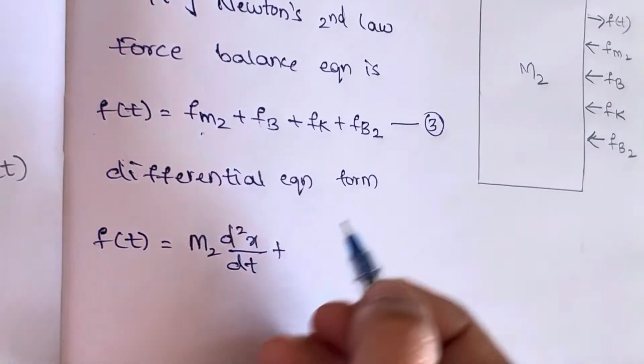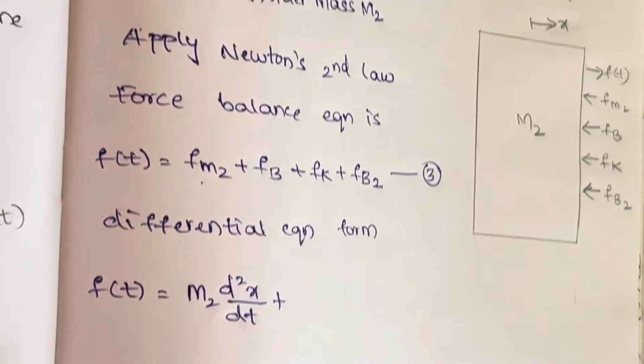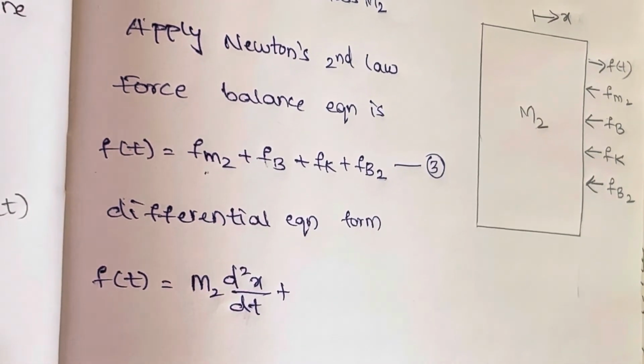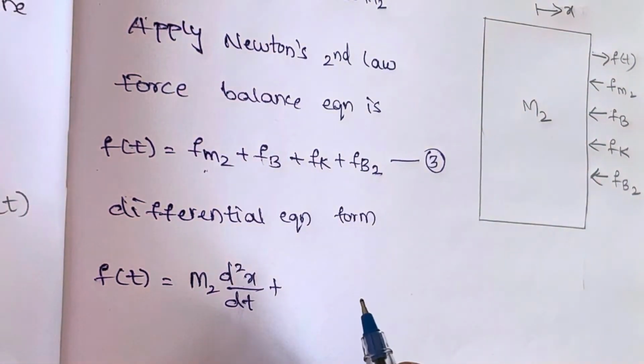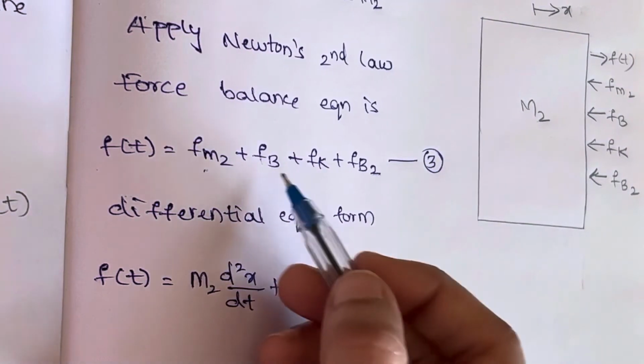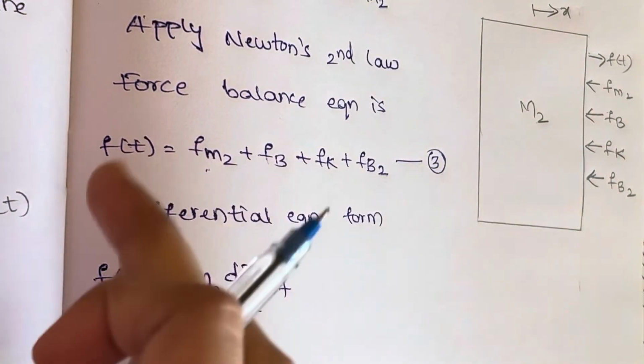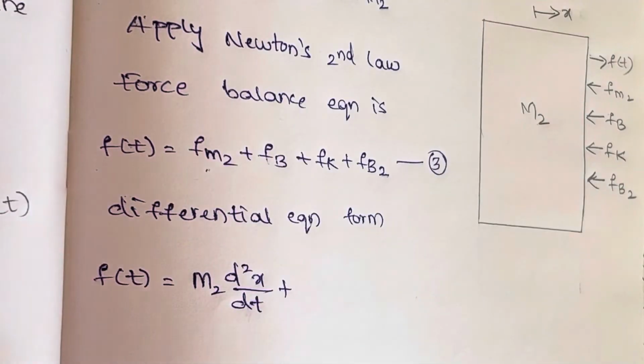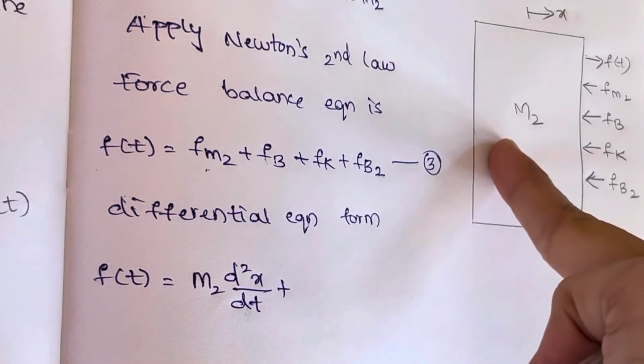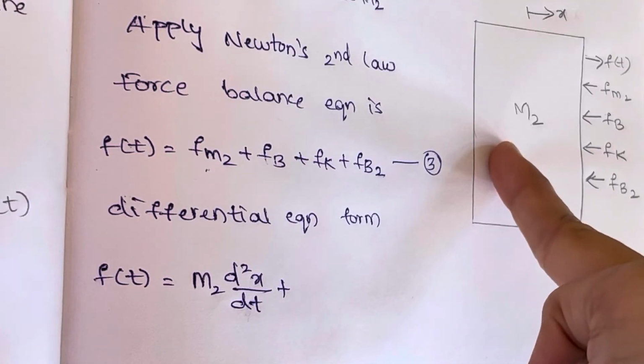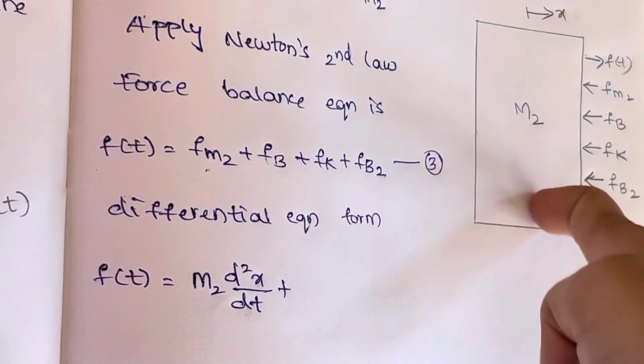Here the variable is x. So now b, you know that b exists between m1 and m2. So with respect to m2 now we are calculating, so we have to give priority to m2.